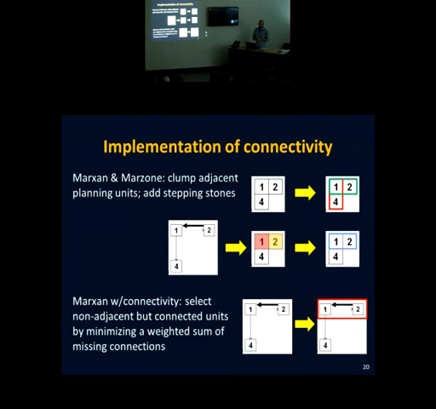So we think that the result is going to be the same. Marxan is going to try to select these 2 planning units because they're ecologically connected. And so in the end, when we finally make the comparison between these 2 scenarios, I'll be able to tell you if that is the case.